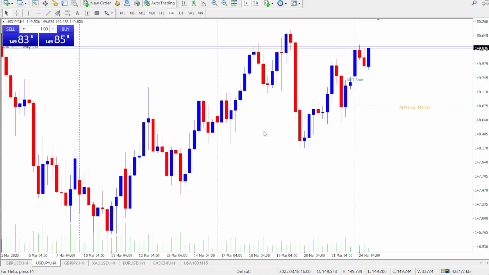This indicator, the ADR, stands for average daily range. That's what ADR represents.